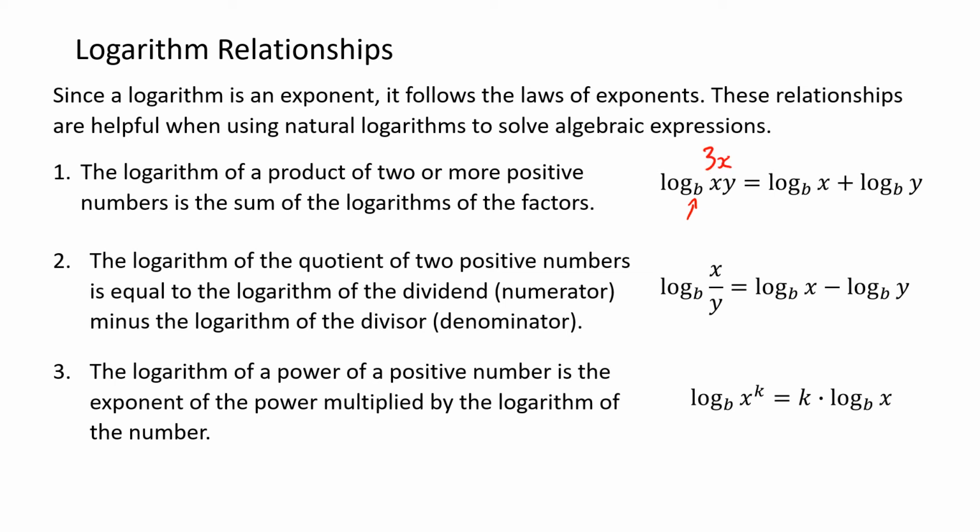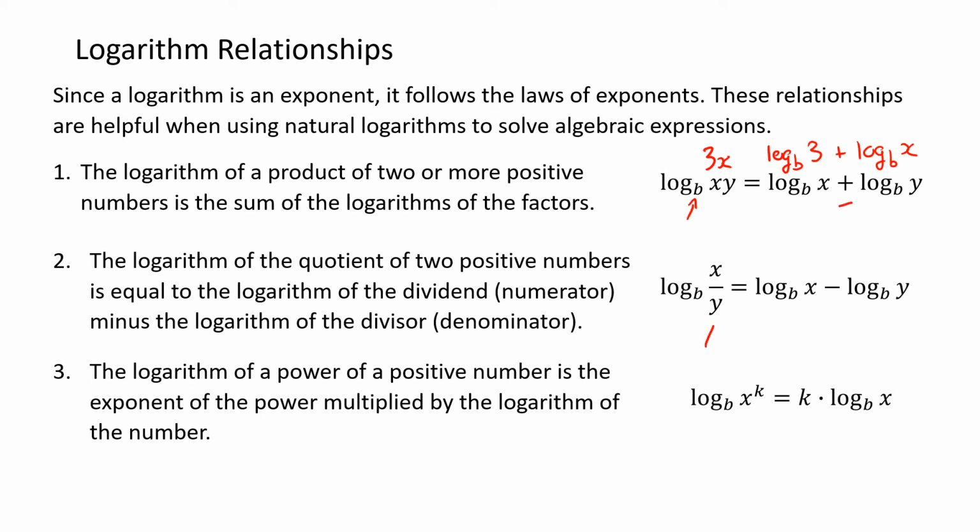You can actually write that as the logarithms of each separately, but added together. So this would actually be the log of x plus the log of y. Or in other words, using our example, log to the base b of 3 plus log to the base b of x. So you can separate them out, making sure you add them together.